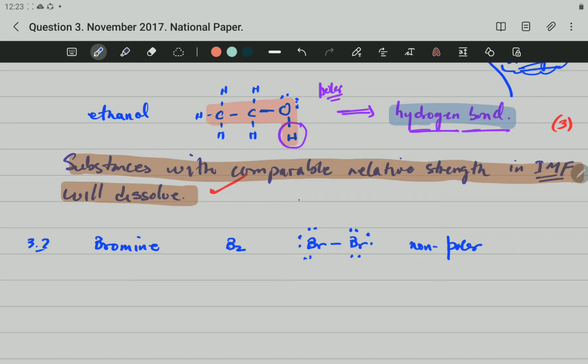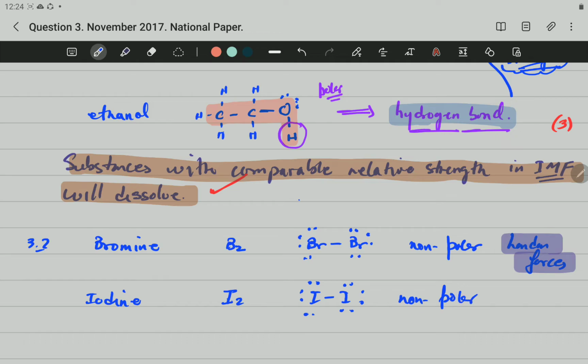Non-polar, therefore it has London forces between the molecules for bromine. Now for iodine, it is I2, it's almost the same, it is also non-polar, and it has London forces.